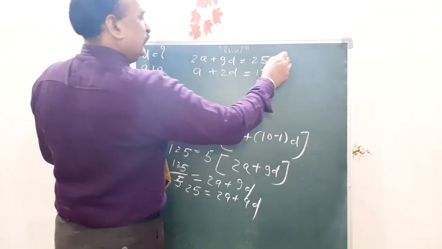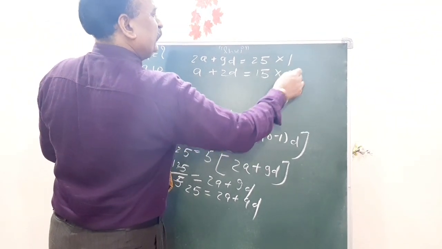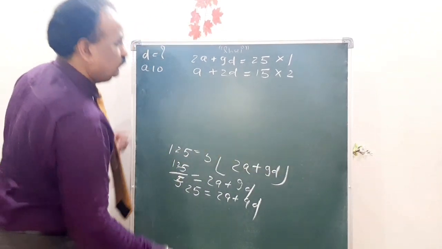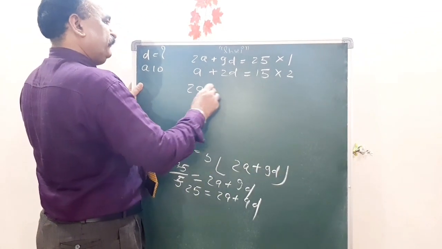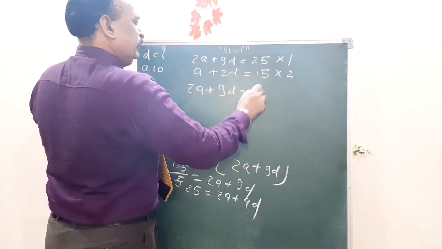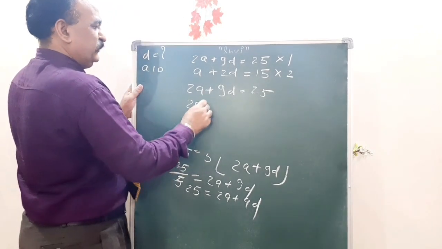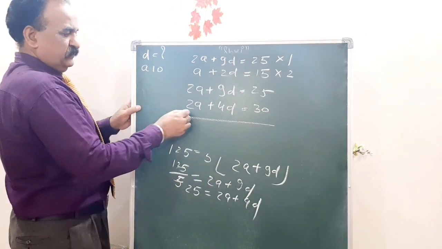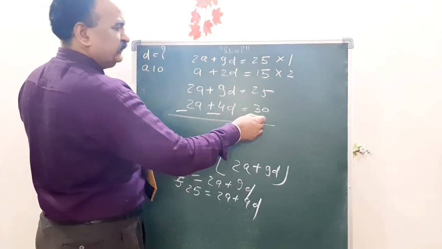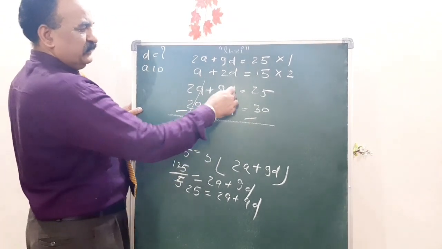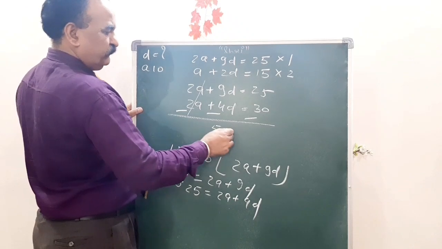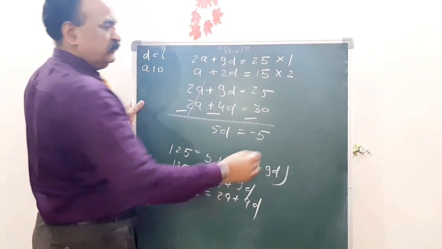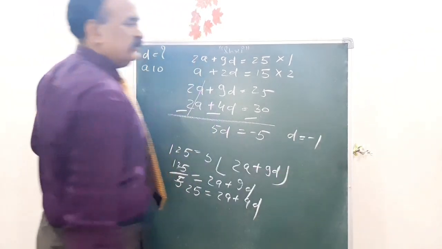Here you multiply by 1, here multiply by 2. So 2A plus 9D is equal to 25 and 2A plus 4D is equal to 30. Subtract: the 2A cancel. 9 minus 4 means 5D is equal to 25 minus 30, which is minus 5. So D is equal to minus 1.